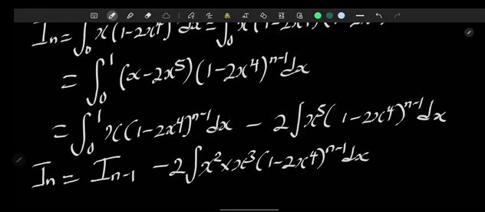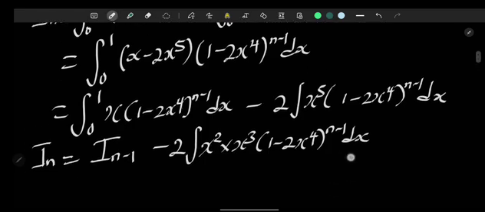Why do I have to rewrite x^5 as x^2 times x^3? While solving this, I'm going to need x^3, so it is better to write that out now, so that it helps your solution in the long run.